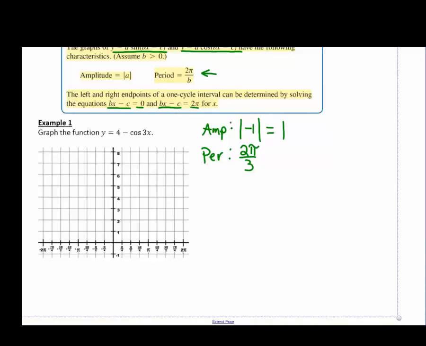So it will take 2 pi over 3 units to get from the beginning of a cycle to the end of a cycle. We have a vertical translation of 4 units up. And then finally we have a reflection, because of that negative in front of the cosine, we have a reflection over the x-axis.